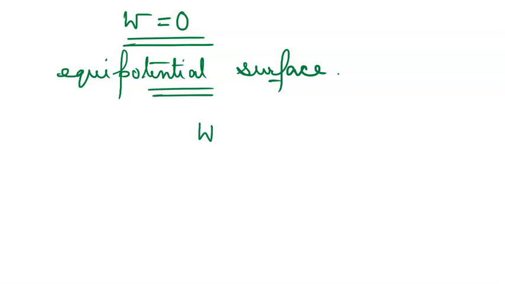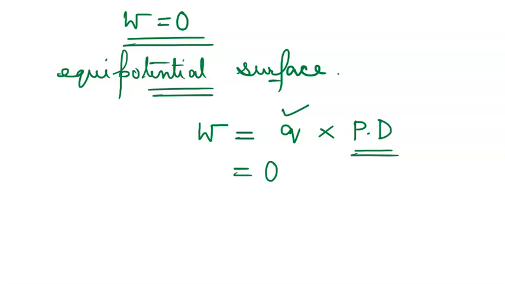We know work done is equal to the charge times the potential difference. So work done is 0, which means the potential difference must be 0 because the charge is non-zero. So it will act like an equipotential surface.